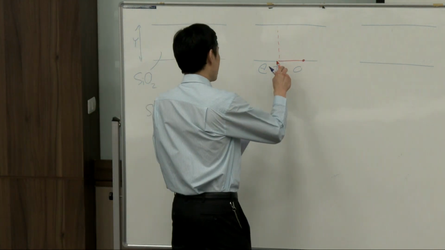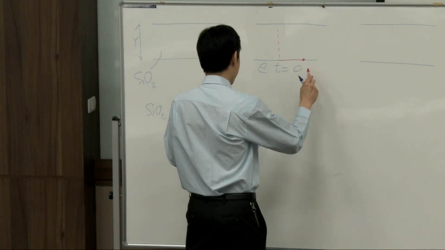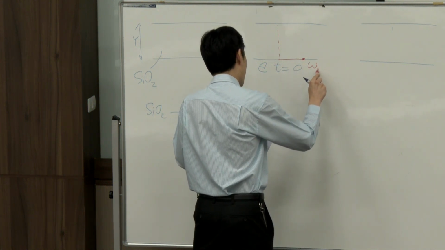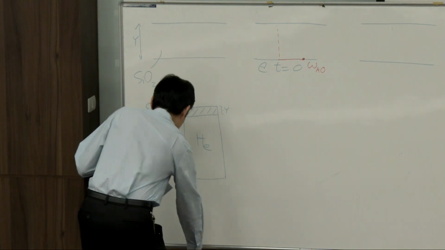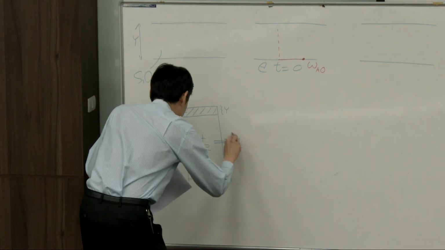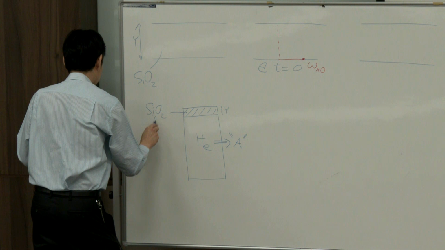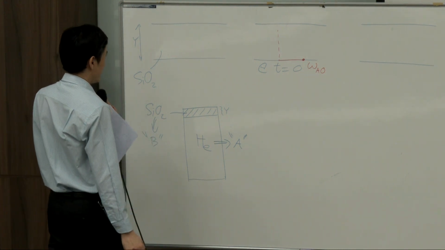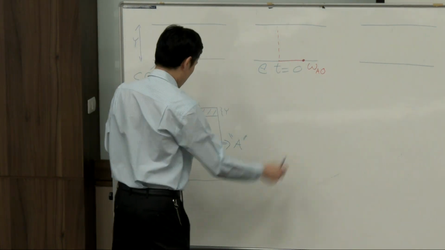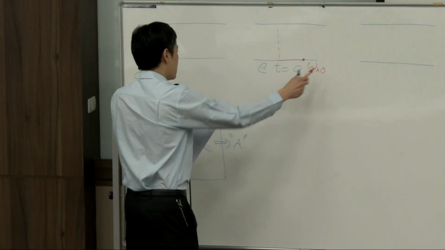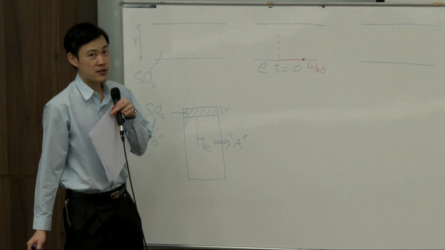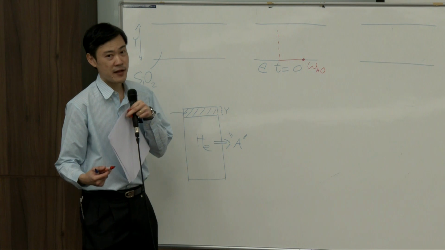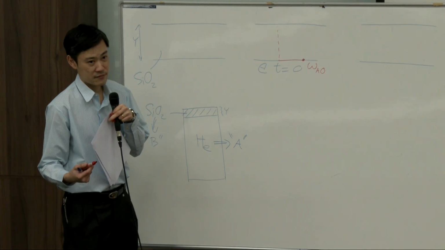If you calculate the mass fraction of helium, I'm going to call this one omega A 0, and I will call my helium species A. I'm going to call silica species B. How large omega A 0 is depends on how easily helium can dissolve into silicon dioxide.